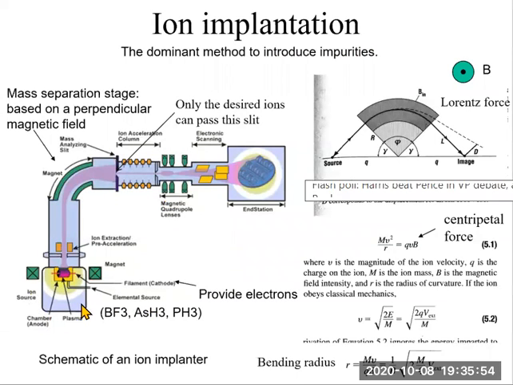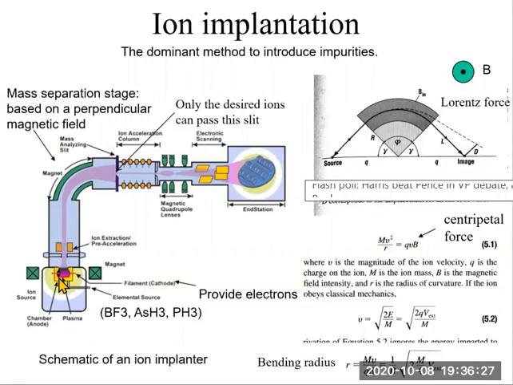The bottom part is an ion source, the source that generates ions, such as boron ion, arsenic ion, and phosphorus ion. The ions are simply generated using plasma. We have two electrodes to generate plasma.